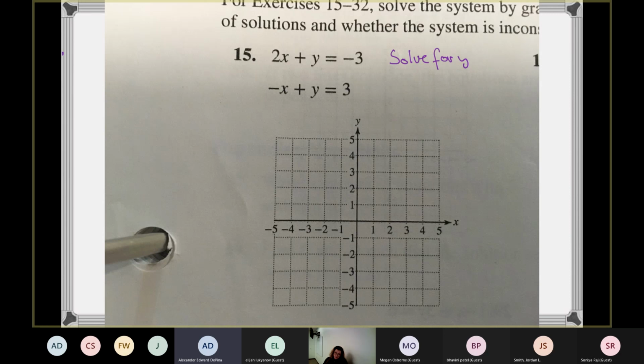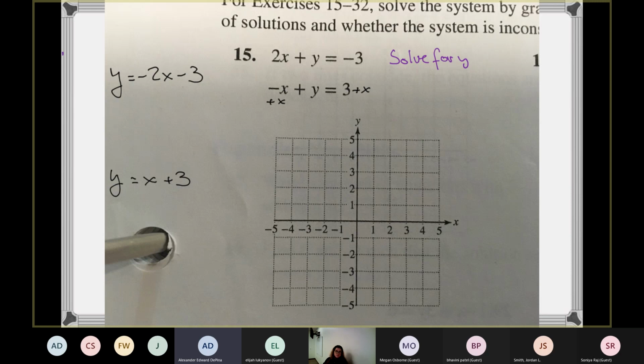So I'm going to solve for y first, and the first one is y equals -2x minus 3. And for the second one, I have y equals, add the x to both sides, x plus 3.